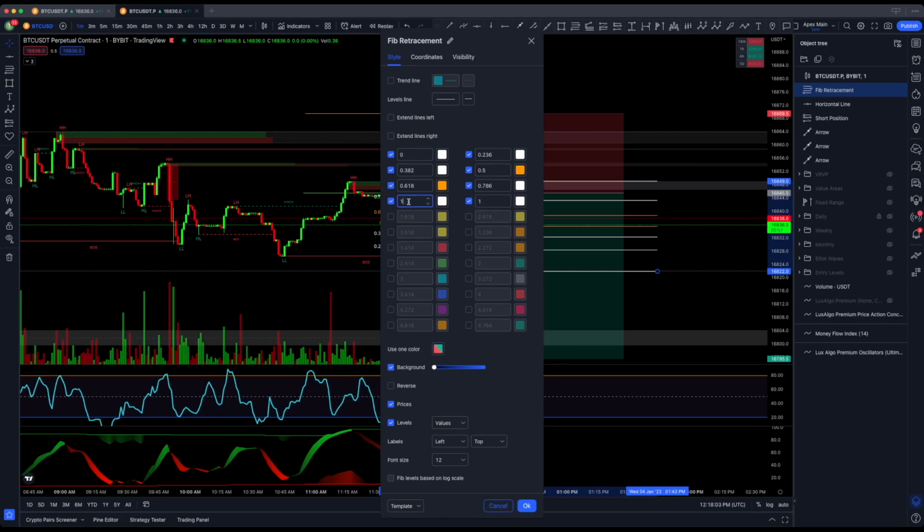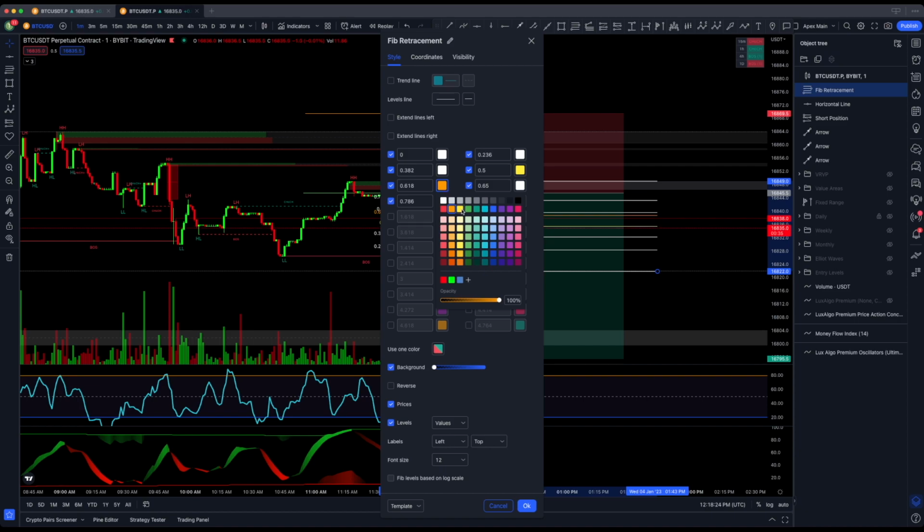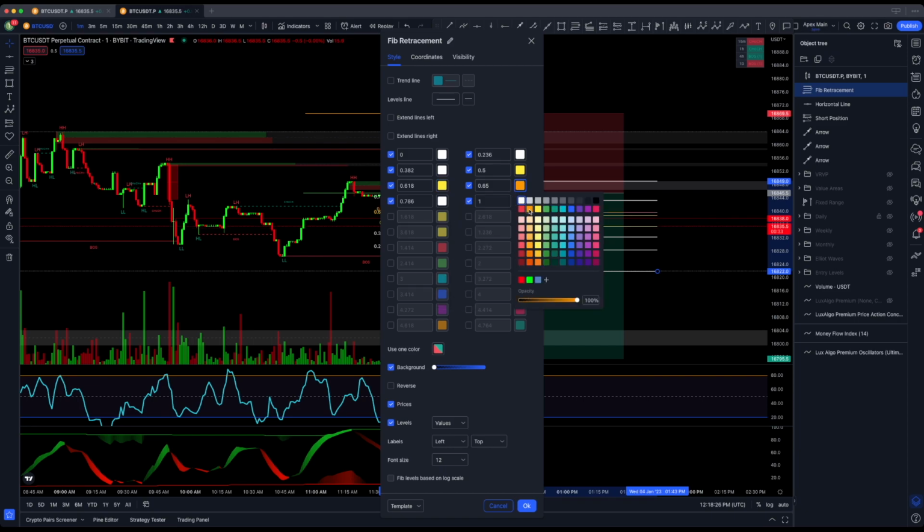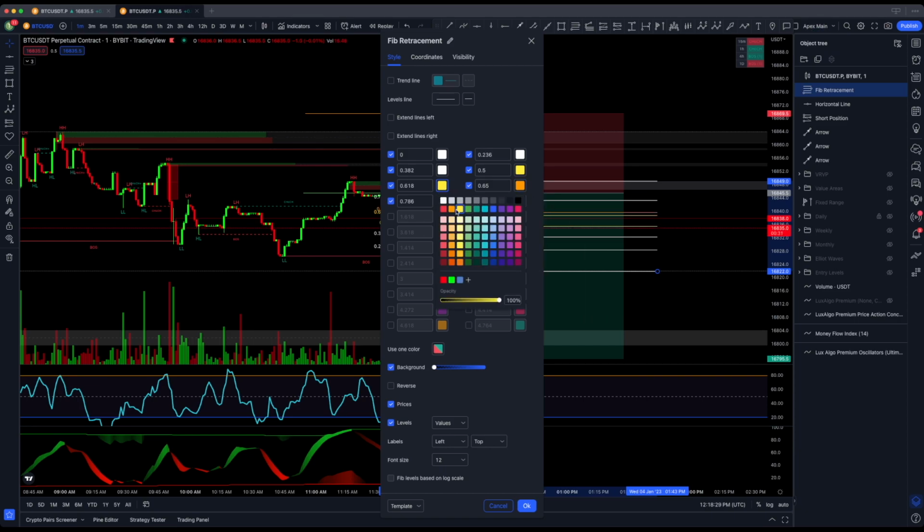You make this one 0.786. You make this 0.65, and we make this yellow, make this yellow, make this gold. So that's the golden pocket, but the 0.5 is the area.